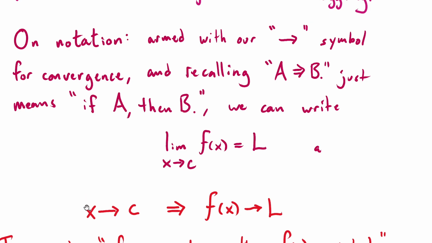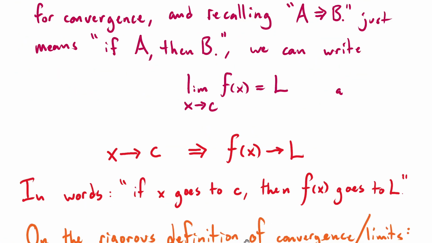If x approaches c, then f of x approaches L. And so this other arrow notation here is also a completely valid representation of the limit. It's just not as compact or common as this notation here. But it is a good idea to keep in mind that we are talking about two convergences. We're saying when x goes towards c, then f of x goes to L. And so maybe this is a good kind of notation for ingesting what's really going on with the limit.